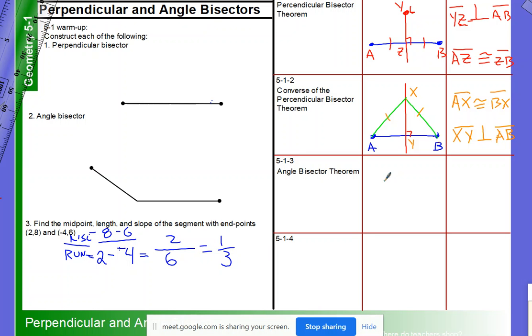I will say that again: if a point is on the bisector of an angle, then it is equidistant from the sides of the angle.